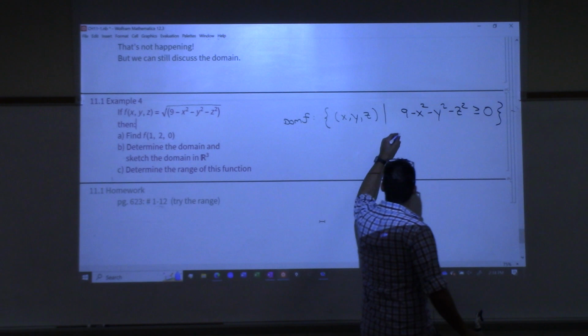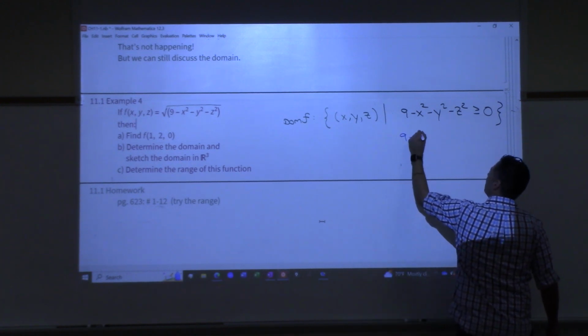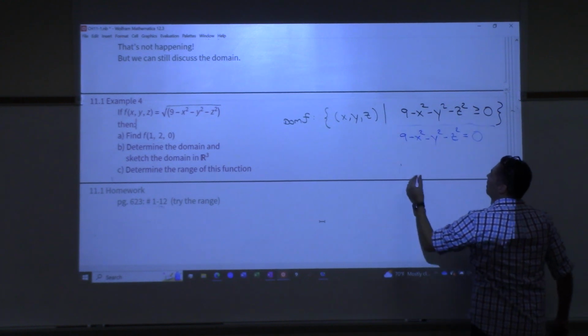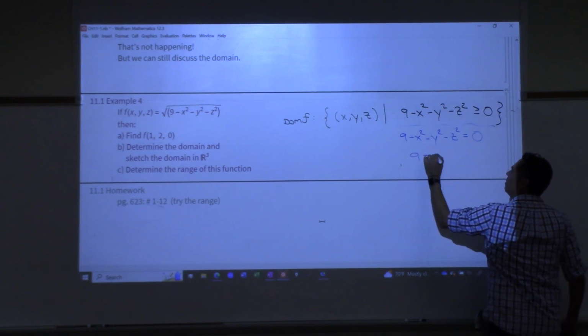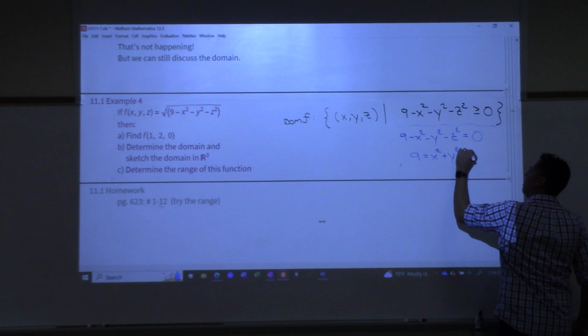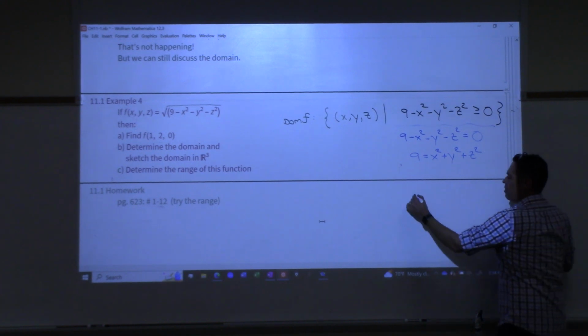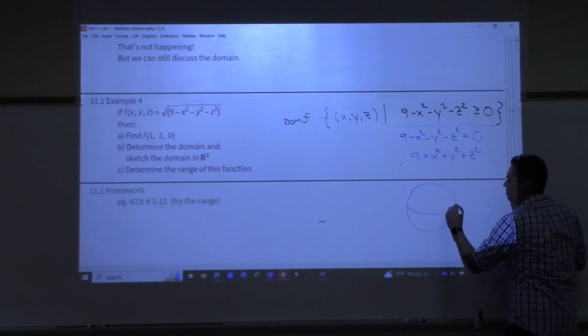So if I take this and make it an equation equal to 0, and then move things around, it's a sphere with a radius of 3. So this is a sphere, it's three-dimensional.